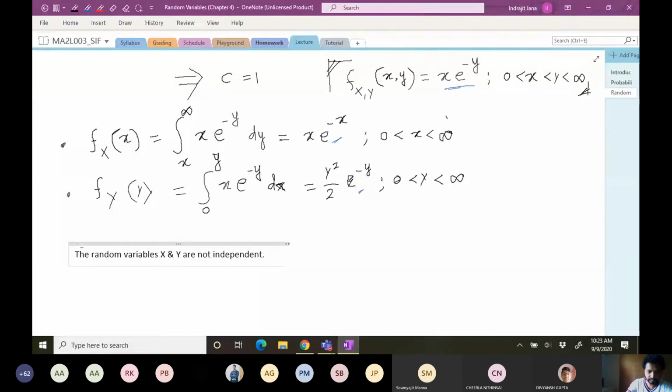Along the same line, I would like to mention a couple of things. Notice that the marginal PDF of x is always a function of x only.